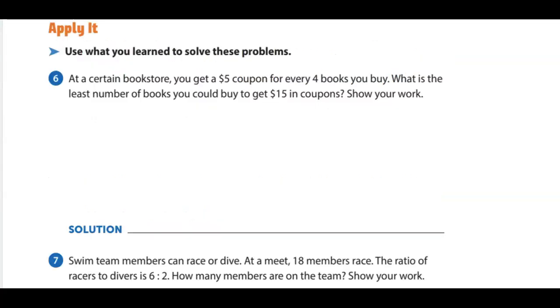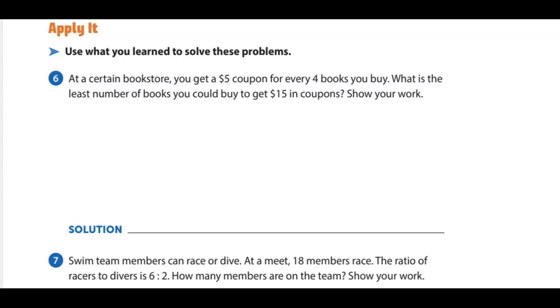Okay, move over to page 90, look at number 6. At a certain bookstore, you can get a $5 coupon for every 4 books that you buy. What is the least number of books you can buy to get $15 in coupons? Show your work. So our constant of proportionality is how many books per money here, right?